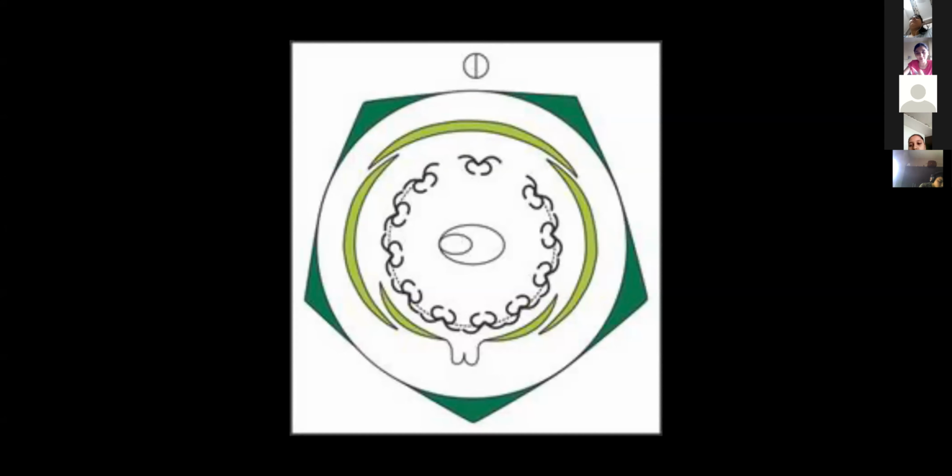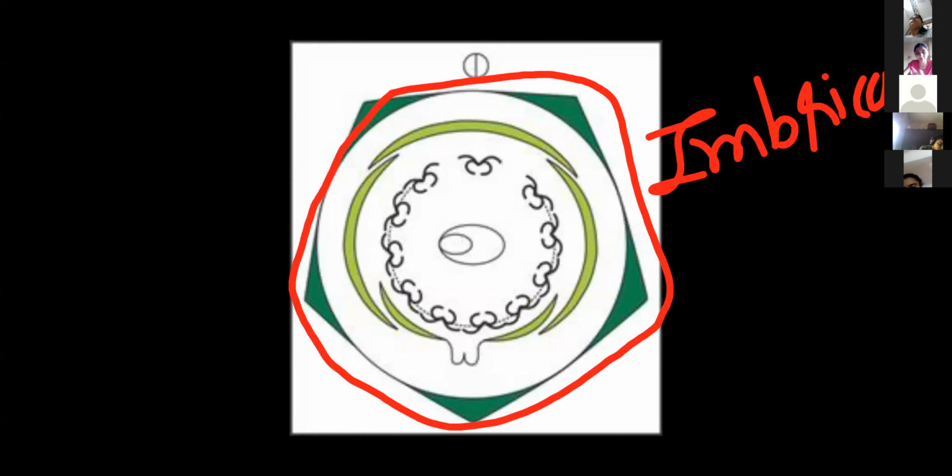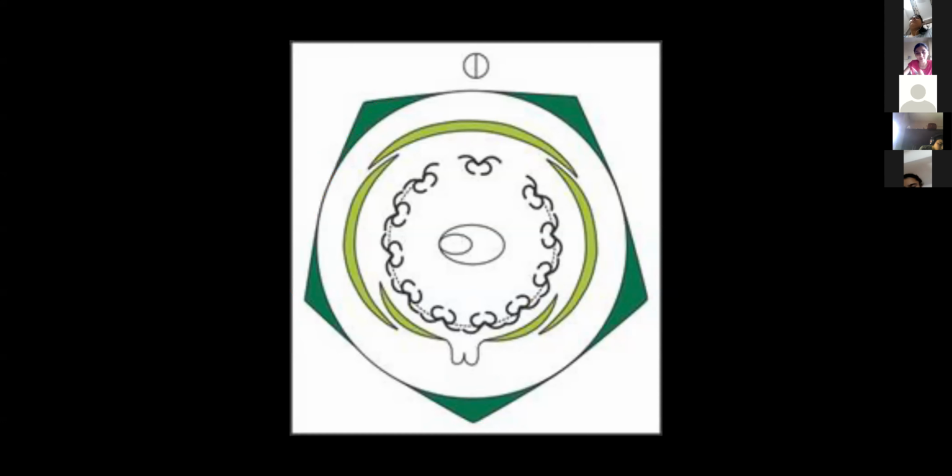Next, see in your pamphlet notes which we have given, in that imbricate estivation is written. But do you see imbricate estivation here? Can you make out in the sepals, in this outermost whorl, imbricate estivation? No. Which one is this?